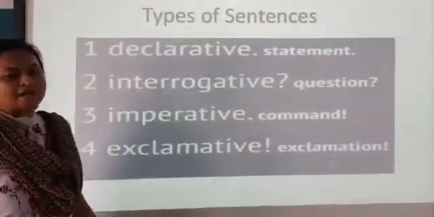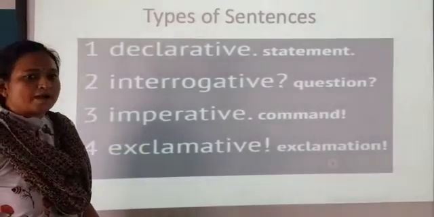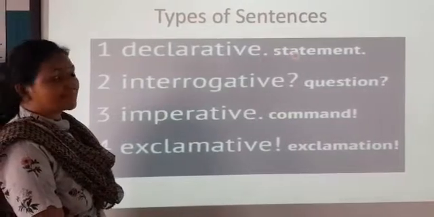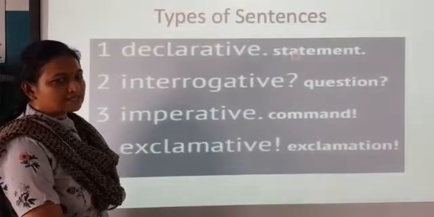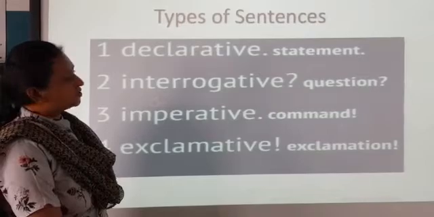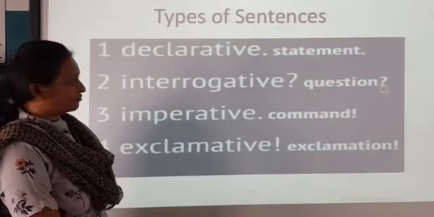Now there are different kinds of sentences, or we can say types of sentences. First one is declarative sentences, which we can also call statement sentence. Second is interrogative or a question sentence, and you can see there is a question mark at the end of it.